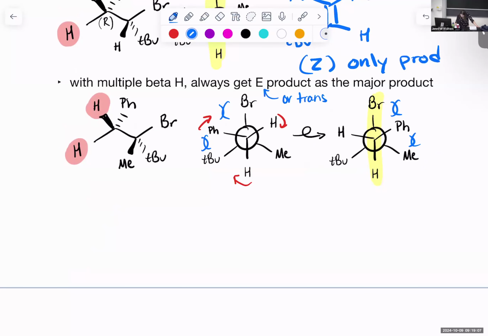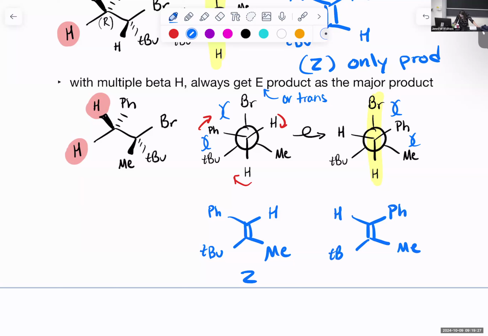So originally, I was going to have the Z alkene. Here I get the E, which is the major product, I should say.